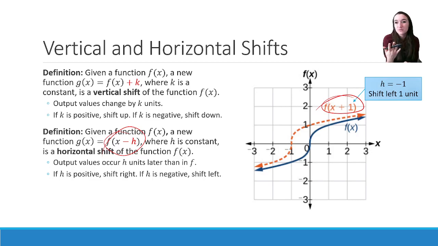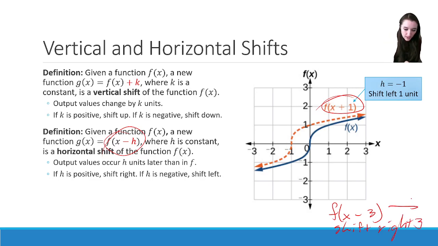Generally, you see plus 1, you might think, oh, go to the right, because that's the positive side. Horizontal shifts just do the opposite of what you want them to be. So if it had been f of x minus 3, we would shift to the right by 3. We would head this way. Even though it says minus 3, you do the opposite of what you would sort of expect.